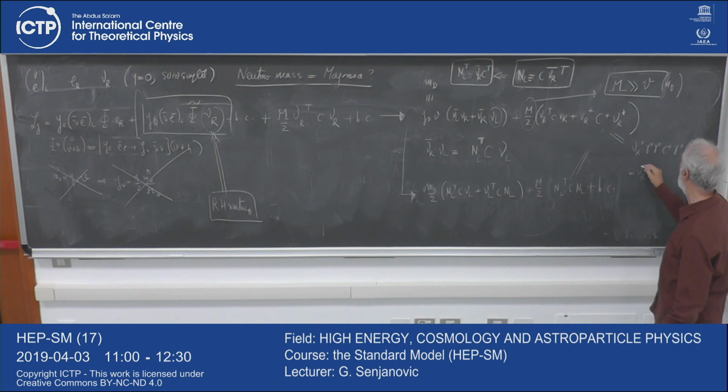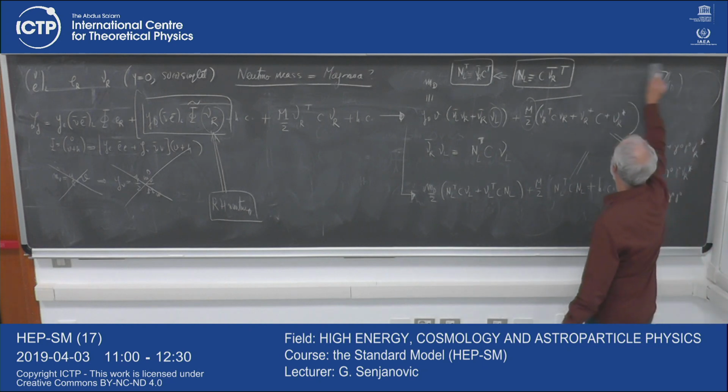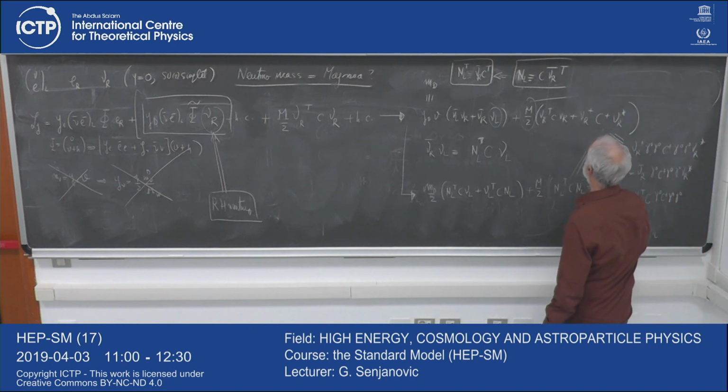This is nu R bar, gamma 0, C dagger, gamma 0, nu R star. Nu R bar is my N L transpose. C, gamma 0, C dagger, gamma 0, and nu R star must be, it's good to see what this is.